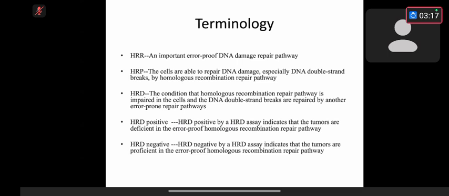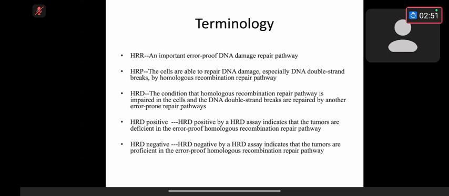These are cells which are homologous recombination proficient, and these cells are able to repair DNA damage, especially the DNA double strand breaks, by homologous recombination repair pathway. Enzymes I just showed you were BRCA1, BRCA2, and other enzymes like ATM, BRIP1, etc. What are HRD cells? These have homologous recombination repair pathway deficiency because of some mutation.